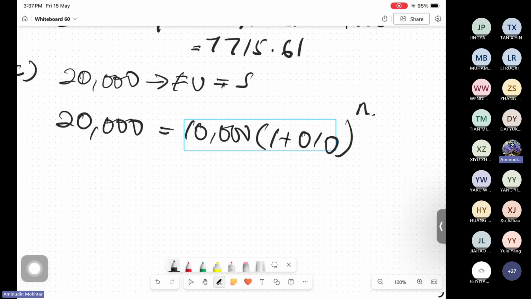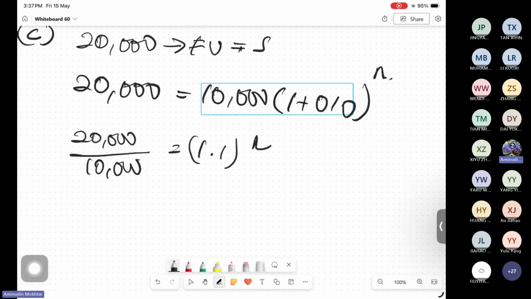Based on this formula, 20,000 divided by 10,000 equals 1.1 to the power of N. So 1.1 to the power of N equals 2. Now we need to know N. N is the power that belongs to 1.1. So what is N?